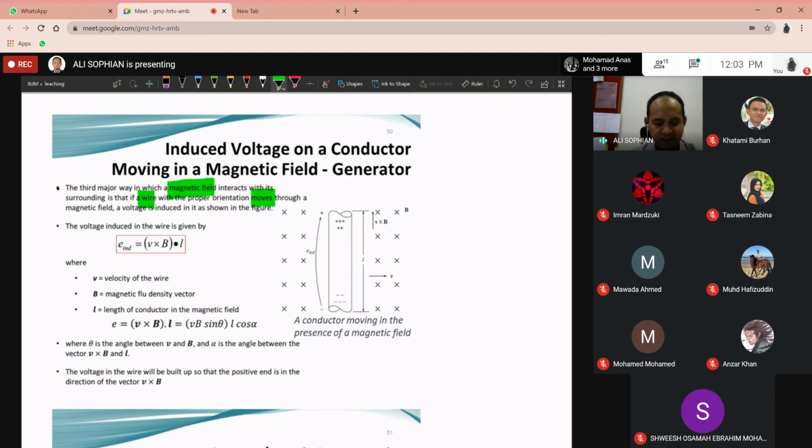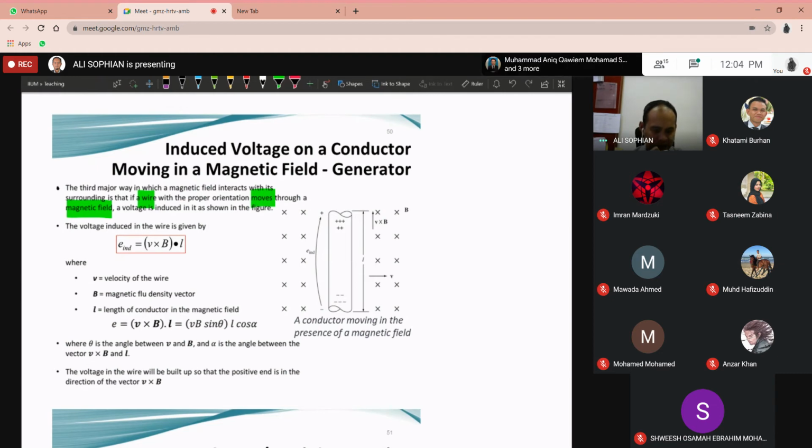So it's not stationary. It has to be moving through a magnetic field. Then a voltage will be induced.